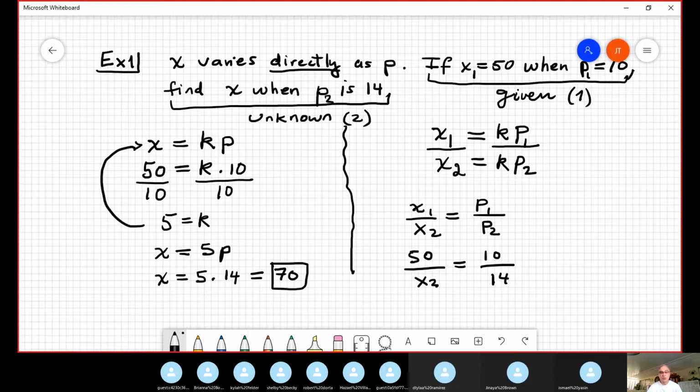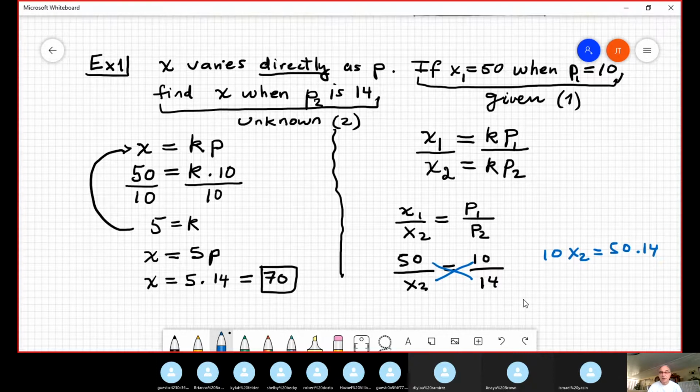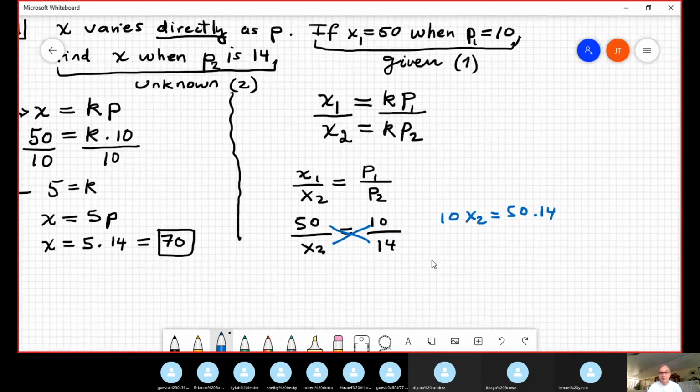Now you apply cross multiplication here, and you have 10 times x2 is equal to 50 times 40. Finally, if you want to isolate or find x2, you divide by 10 both sides. So x2 is equal to 5 times 40 because you cancel out that 0. It's exactly the same as 200.